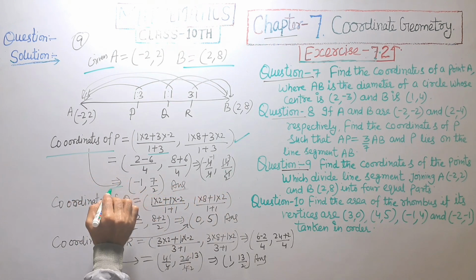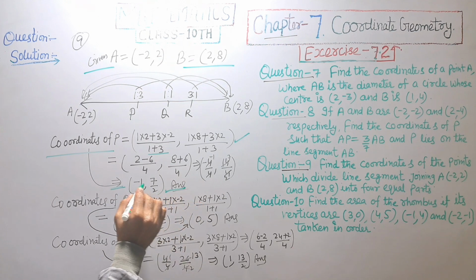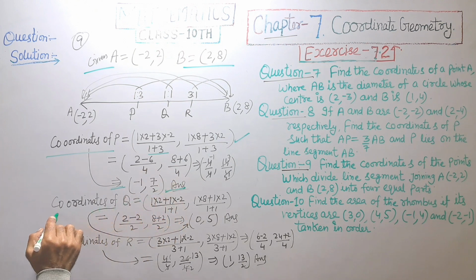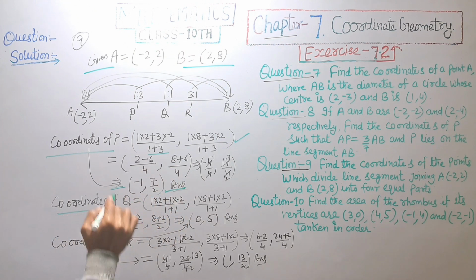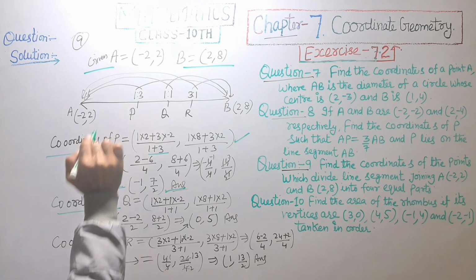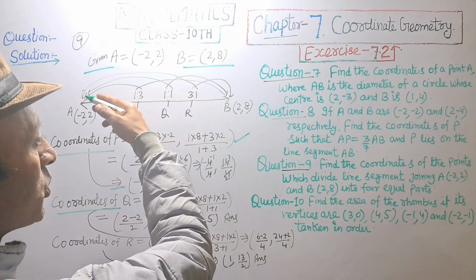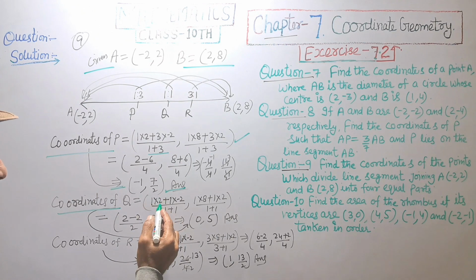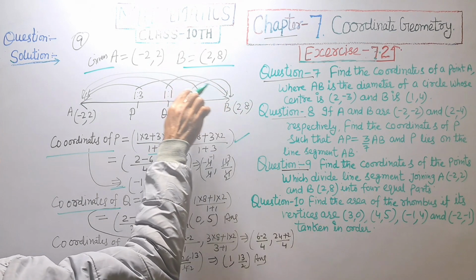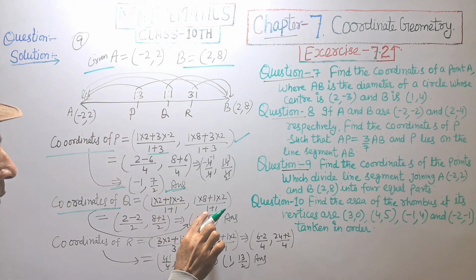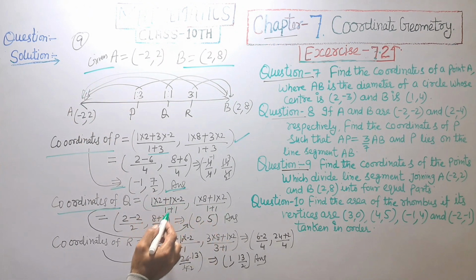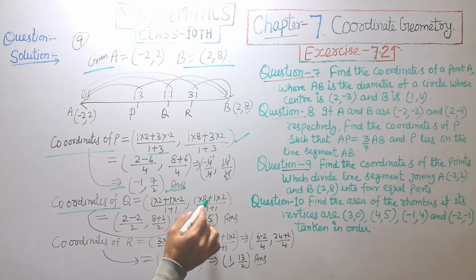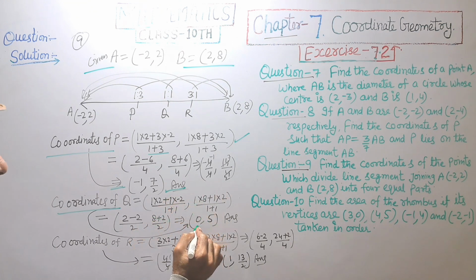Coordinates of P are (-1, 7/2). Coordinates of Q, by the same process using the section formula, (m1x2 + m2x1)/(m1 + m2) and (m1y2 + m2y1)/(m1 + m2): 2 minus 2 is 0, divided by 2 is 0; 8 1s are 8 plus 2 1s are 2, 8 plus 2 is 10, and 10 divided by 2 is 5.